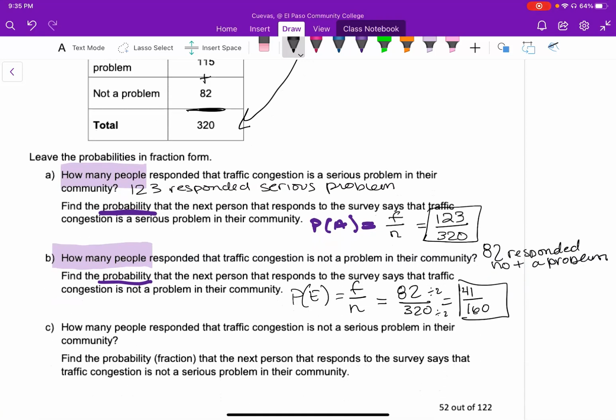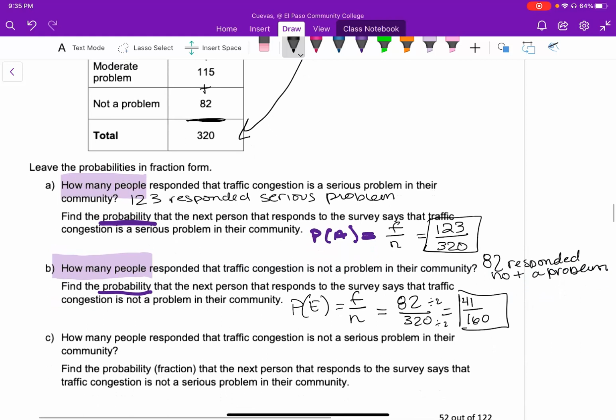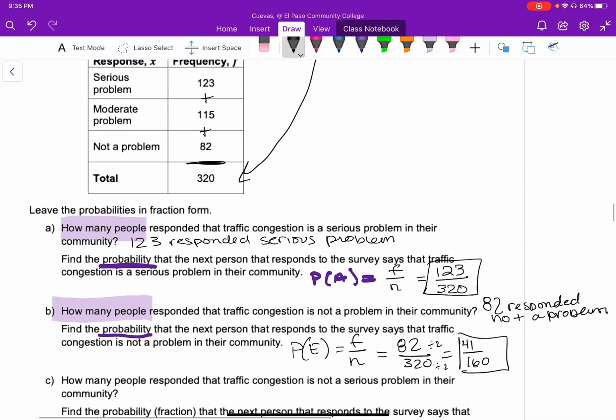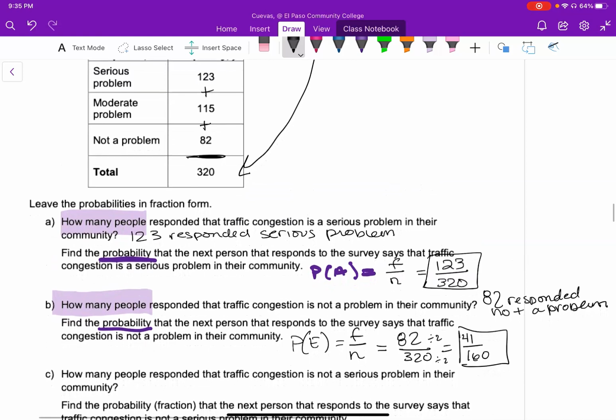How many people responded that traffic congestion is not a serious problem in their community? So this one's very different than the other ones. First of all, we're looking at how many people. So you're just looking for a number, not a probability. And then it says, not a serious problem. And when I go to my table, this is not in my table. There's serious problem, and there's moderate problem, and not a problem, but none of these say not a serious problem.